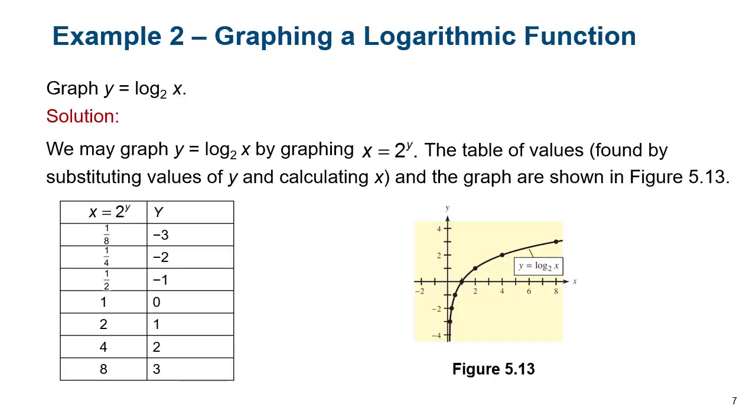Now, if we graph log base 2 of x, we get this fun thing. And if you graphed y equals 2 to the x, right? So if we put the equals y over here, we get 2 to the y equals x. It's the same thing as 2 to the y equals x. But if we switch places and make it 2 to the x equals y, then these are inverses of each other.